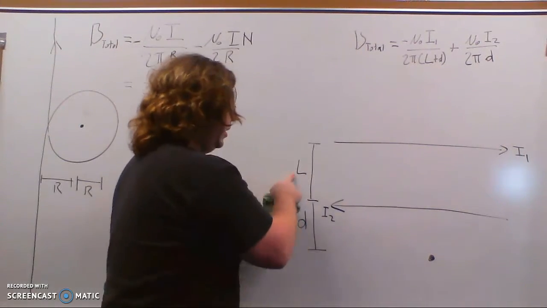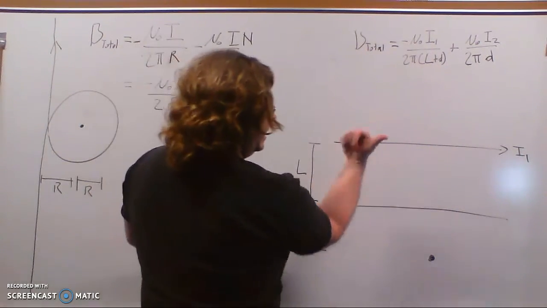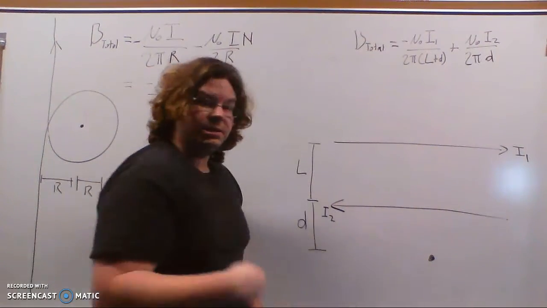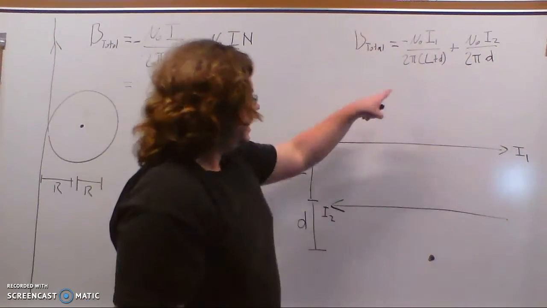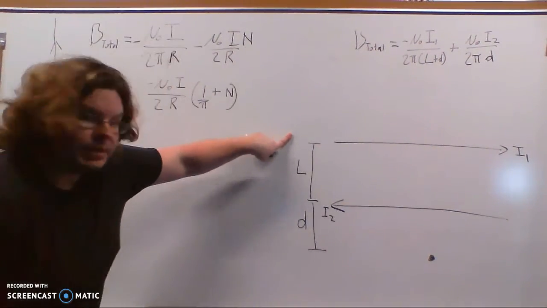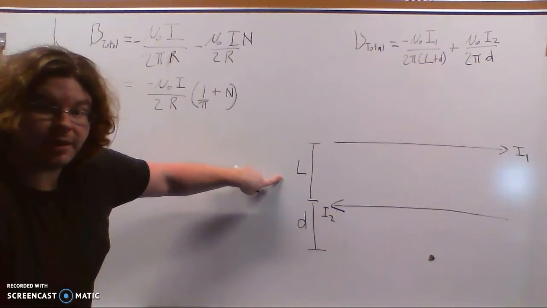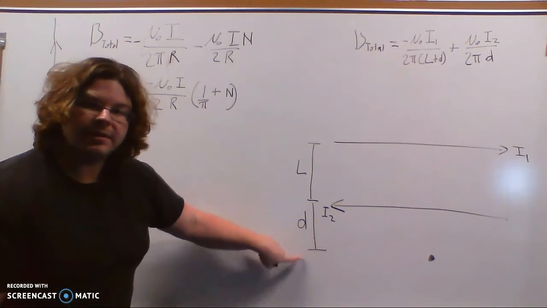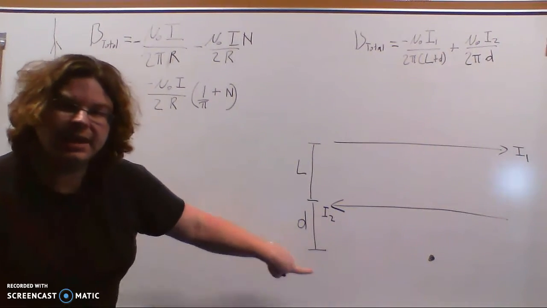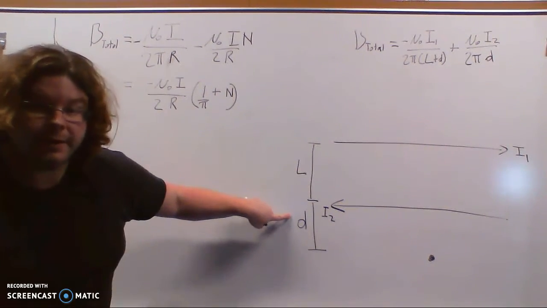Well, this wire here, which is creating magnetic field that points into the page, and thus will require a negative, notice here, the wires are spaced a distance L apart, and I care about a point that is an additional distance D away from this wire.